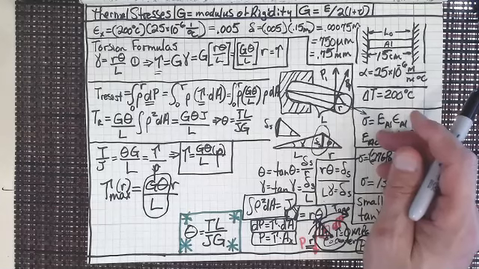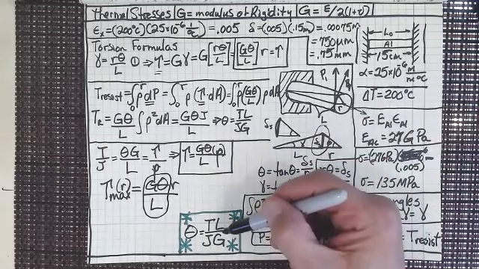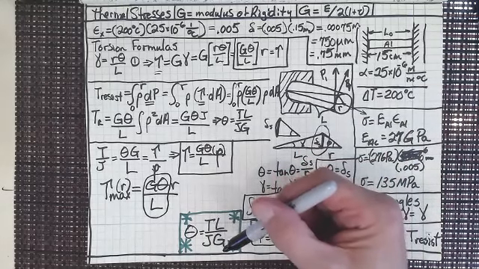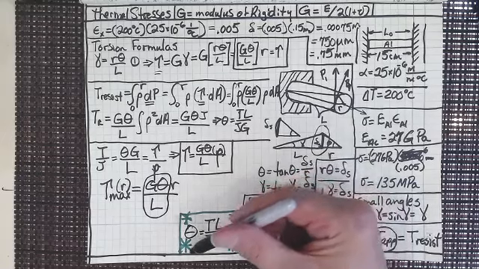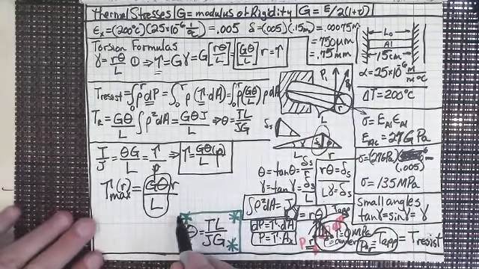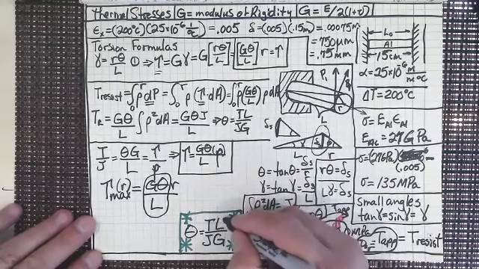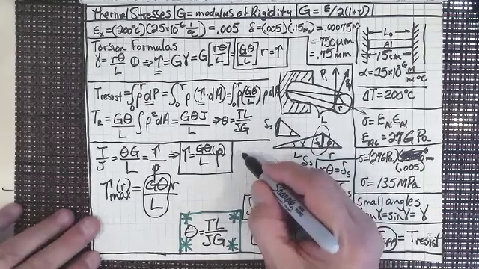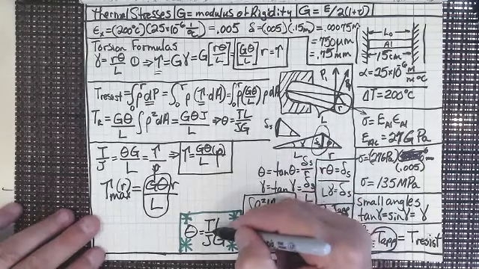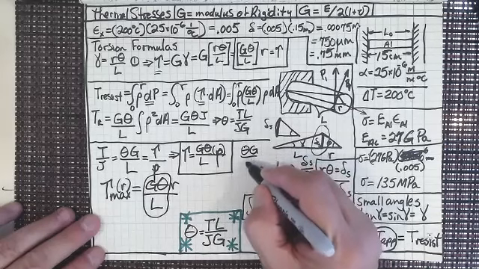Well, G theta over L equals T over J, doesn't it? Let's just put this up here.